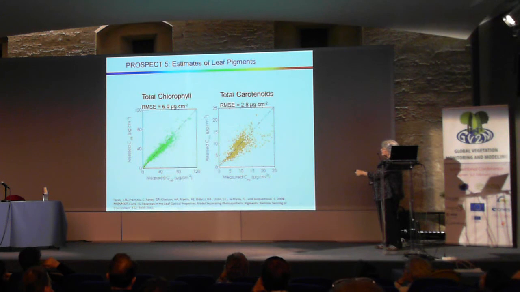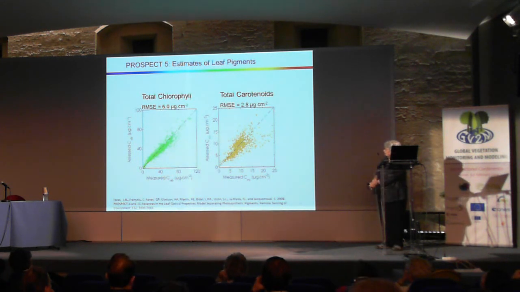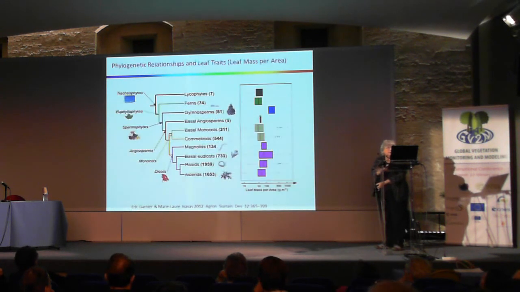So this would be total chlorophyll A and B, or total carotenoids. So this includes all carotenoids, and there's pretty good correlation for both of these.